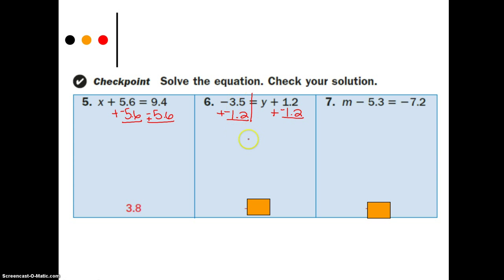We just add, it's going to be negative 4 and 7/10. For 7, change subtraction to adding the opposite. And now, how do I get rid of that? By adding a positive. They're different signs, so I subtract. Please do this. Negative 1 and 9/10.